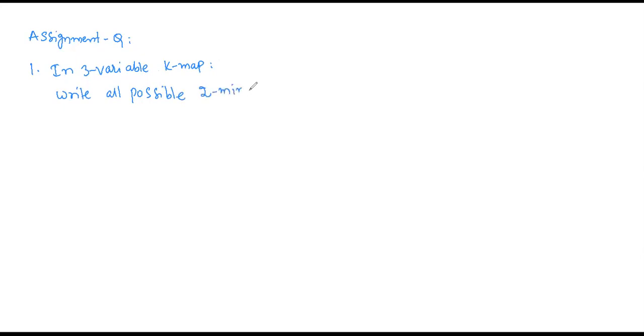Now, the assignment question from this unit. Within a 3 variable K-map, write all possible two minterms as a group with the expression.